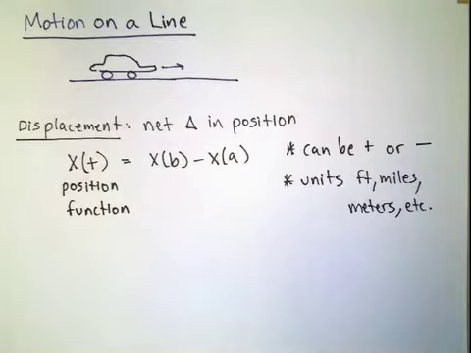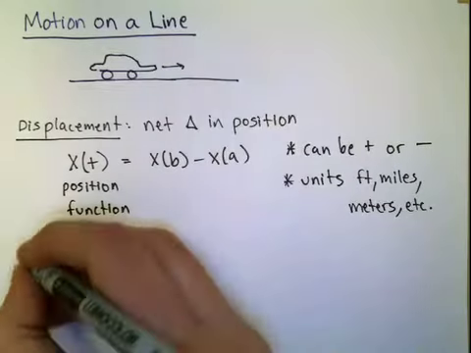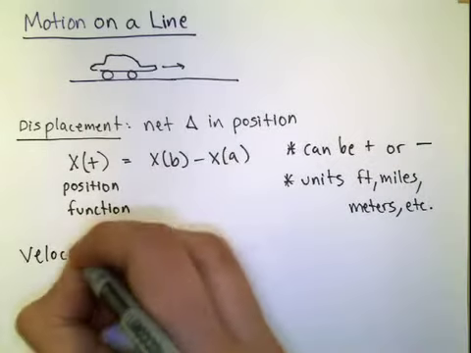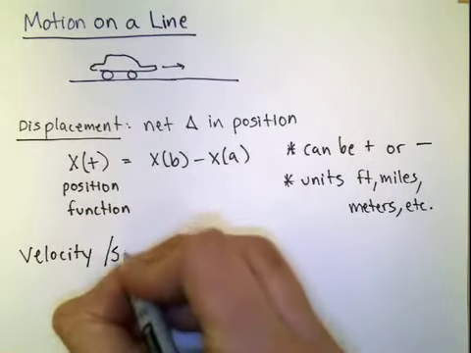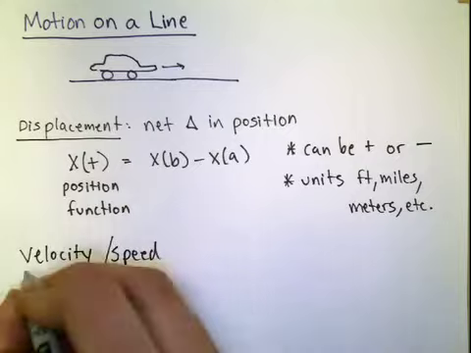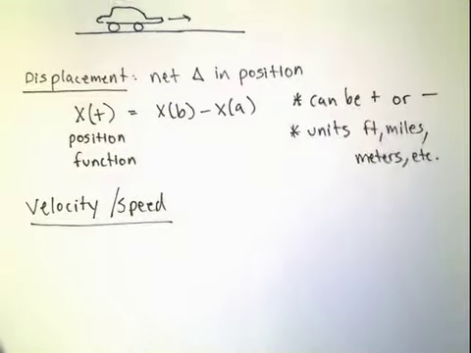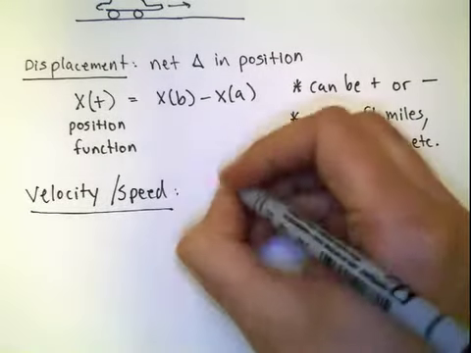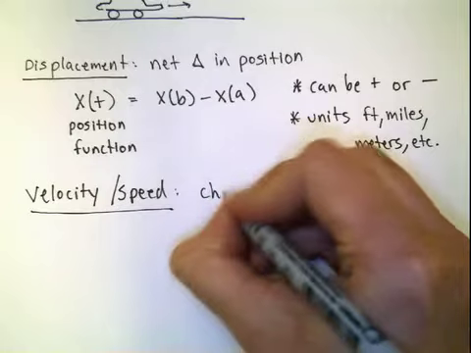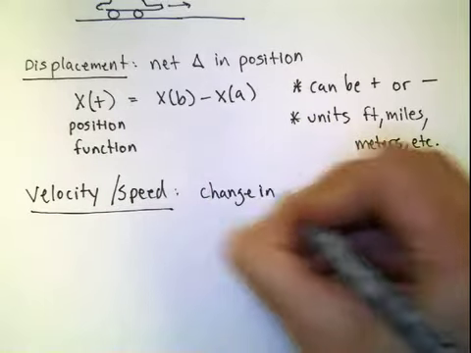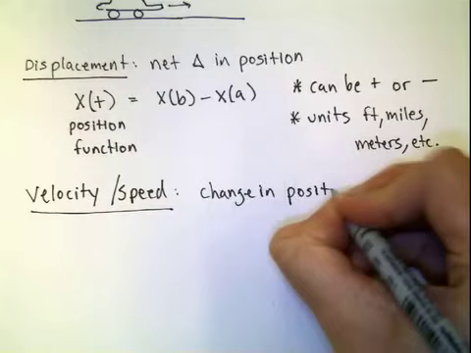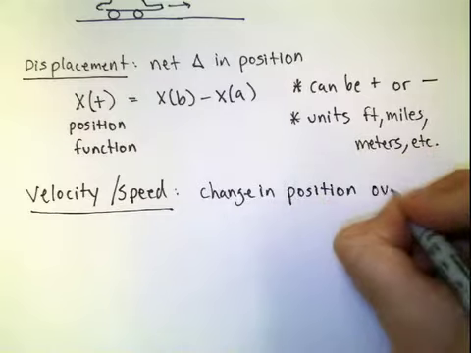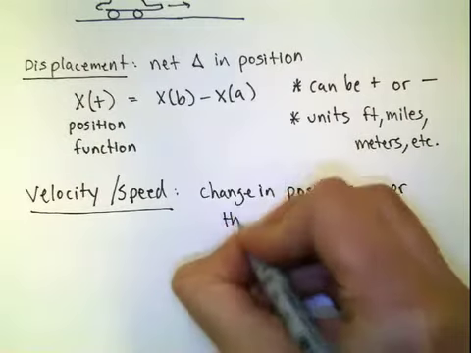If we step it up a notch, after displacement comes velocity. And velocity and speed are in the same category. Some people are really getting confused on that still. Speed is just positive velocity. It's the absolute value. There's two types of velocities, but they both represent change in position over change in time.